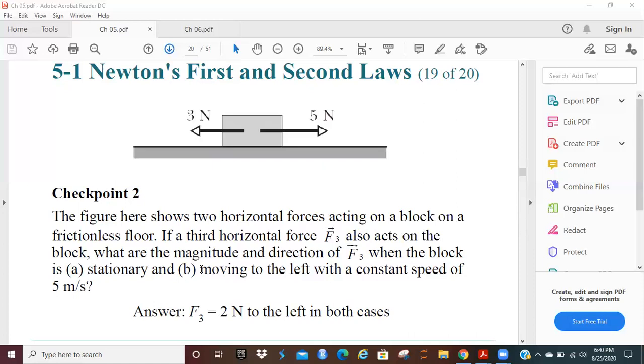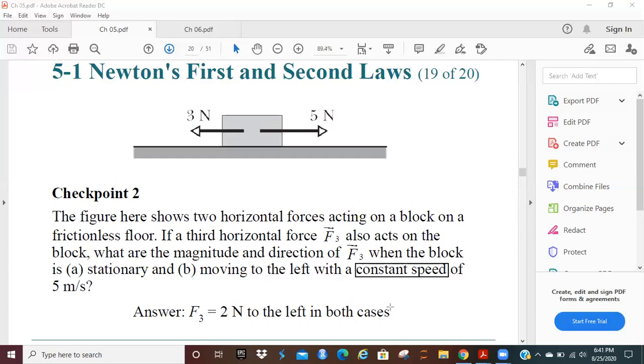Well, there's a trick here, and it may not be easy to see immediately. You see that? There are 2 key words there, constant speed.